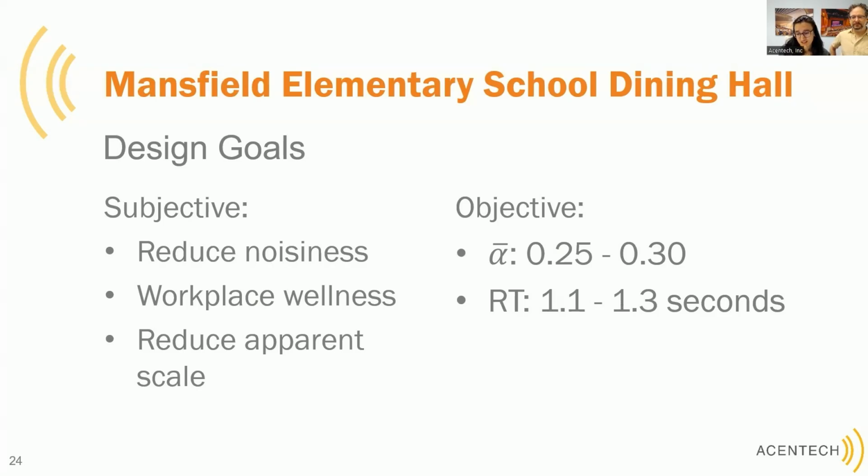And as a secondary goal, we were going to use the treatments that we proposed to try to reduce the apparent scale of the space so that it feels more like a space for elementary school students.